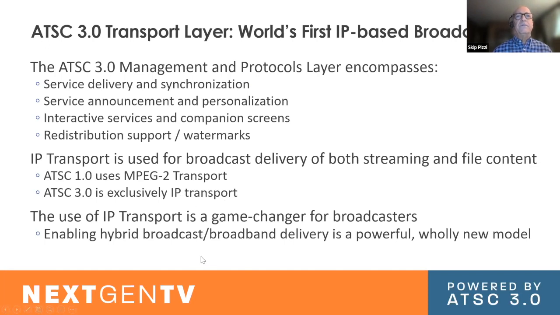IP-based system. And this allows something that perhaps could be the real killer app for ATSC-3: it allows a hybrid broadcast-broadband delivery. When you think about it, we already have smart TVs today.